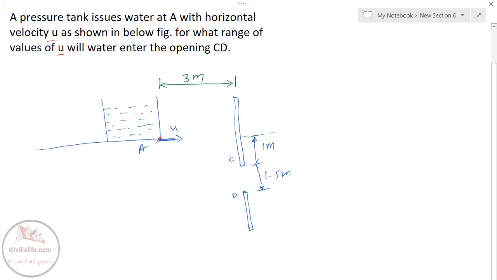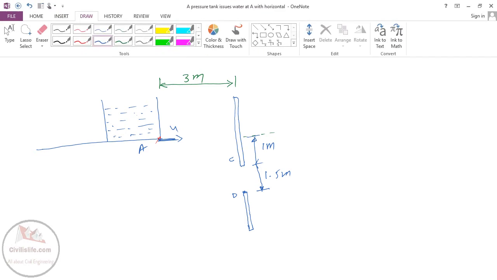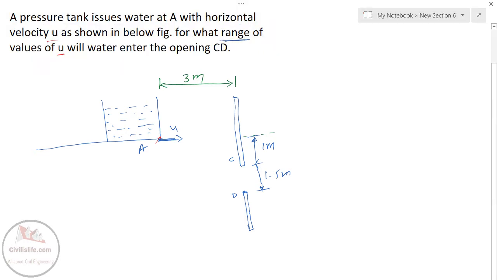Now, when the term range comes, it means there are two values. Then only we can say that it's a range. So we have to find two u values so that water enters the opening CD. If the velocity is more, then immediately after the release the water is going to strike the wall here.